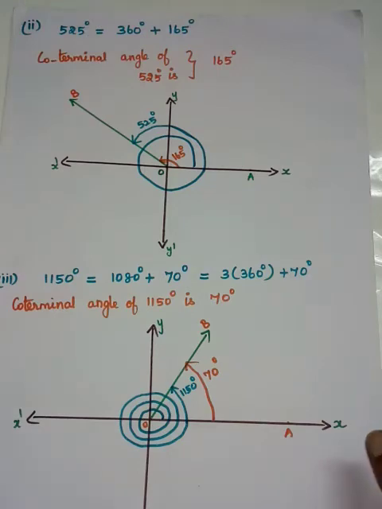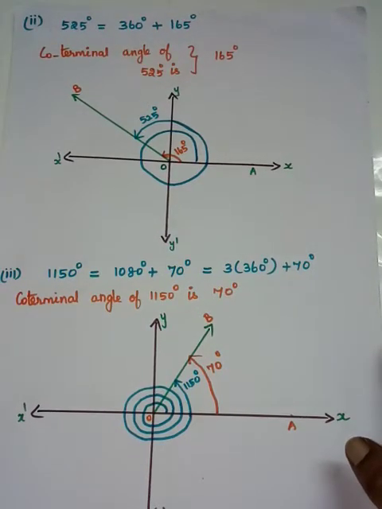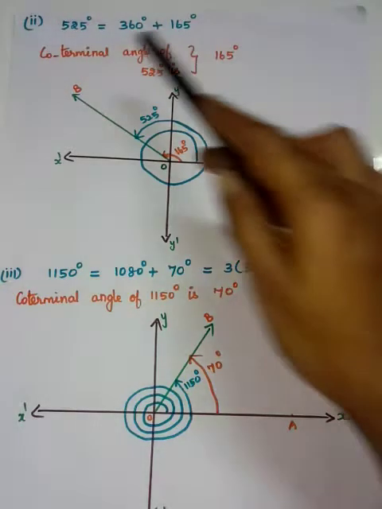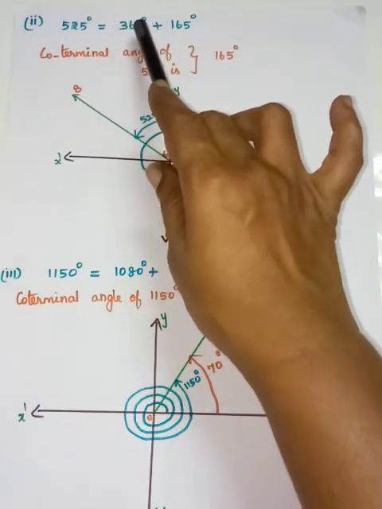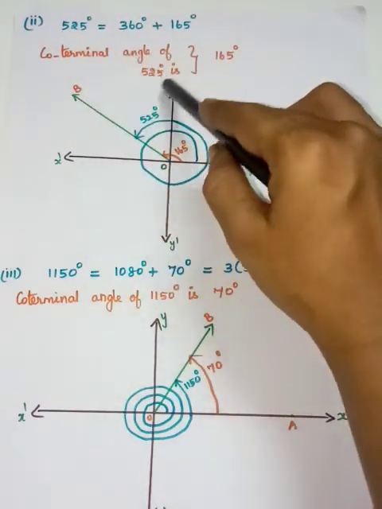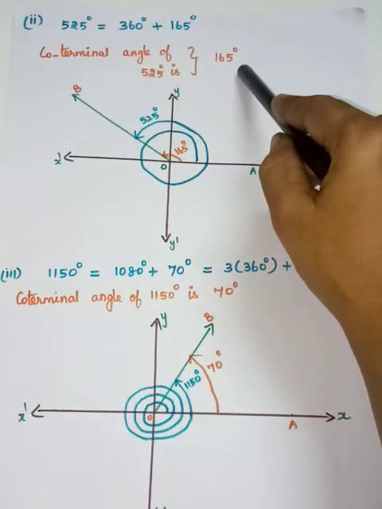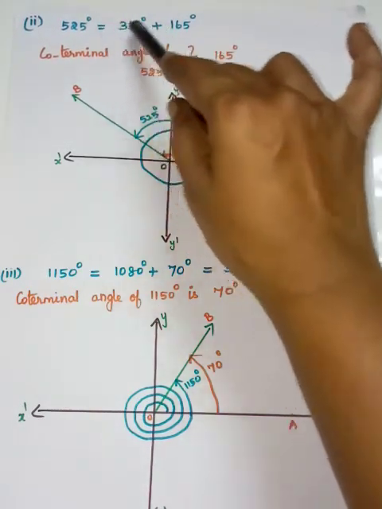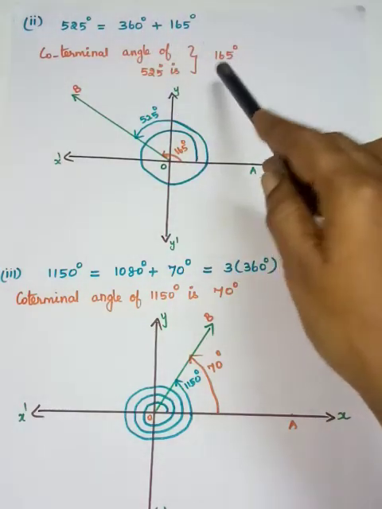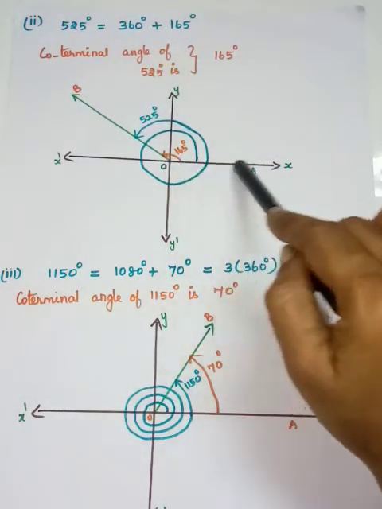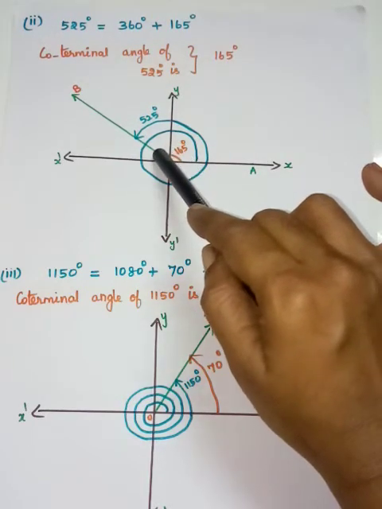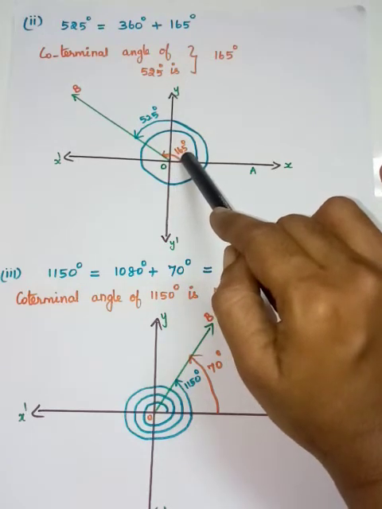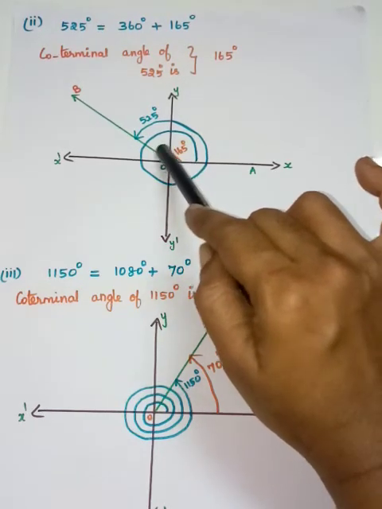Next one, 525 degrees. That can be written as 360 degrees plus 165 degrees. So beta is equal to alpha plus 1 into 360 degrees. So the coterminal angle of 525 degrees is 165 degrees. Here you have to write the multiples of 360 degrees. For 165 degrees, the initial side is OA, and after crossing the first quadrant it comes to the second quadrant because it is greater than 90 degrees.